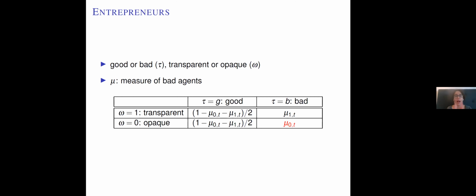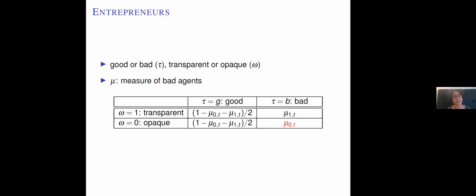Okay. And I want to argue for you that the state variable of this economy is the distribution of entrepreneurs. In particular, given the dynamics of the model, it turns out that the state variable is actually two-dimensional at most. So keeping track of the fraction of bad opaque and bad transparent entrepreneurs is sufficient.